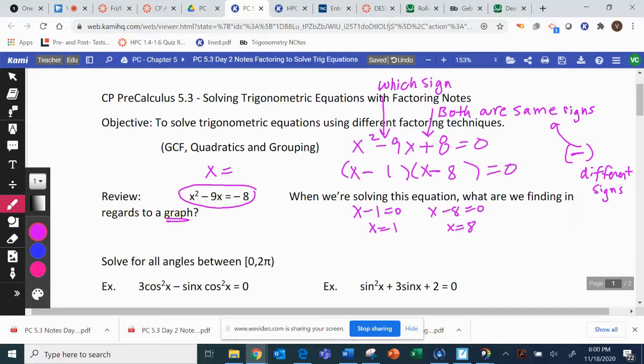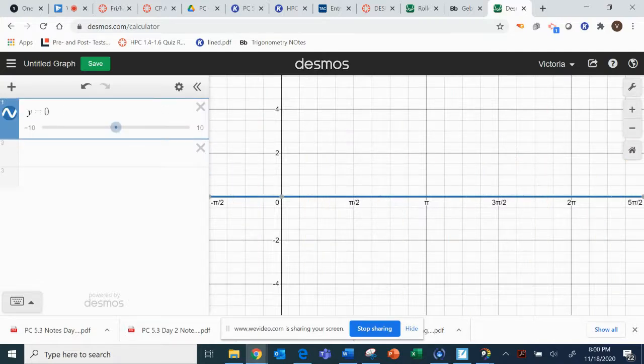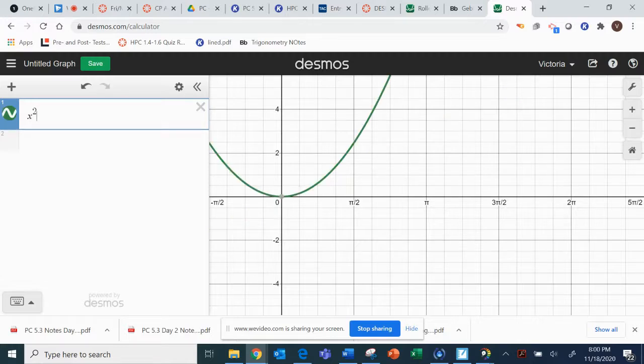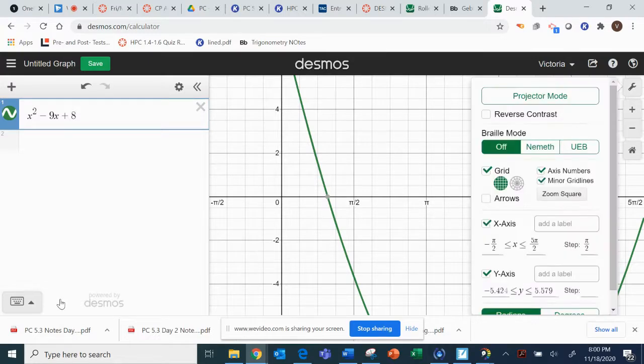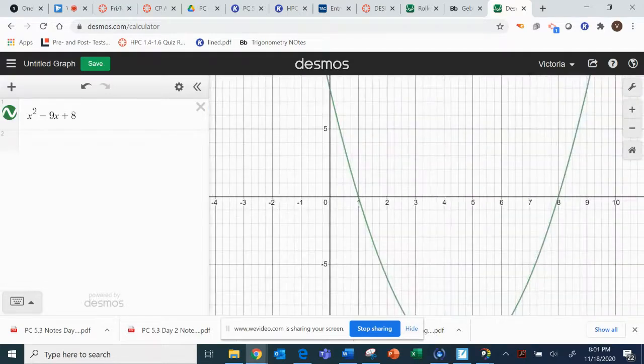So let me go ahead and graph that equation, x squared minus 9x plus 8. Oh, and this is where I left it from the last video. There we go.